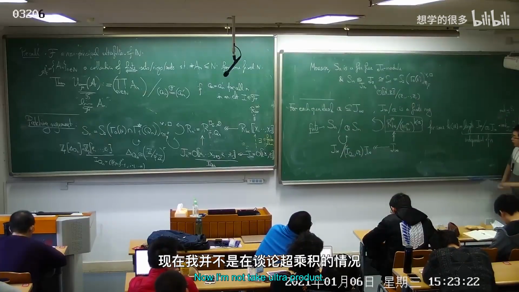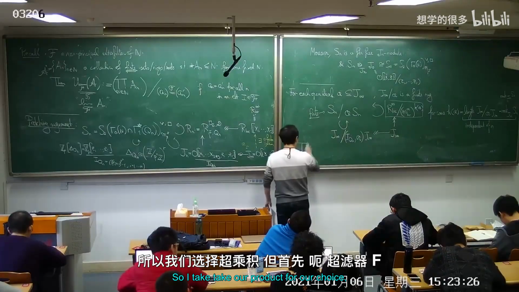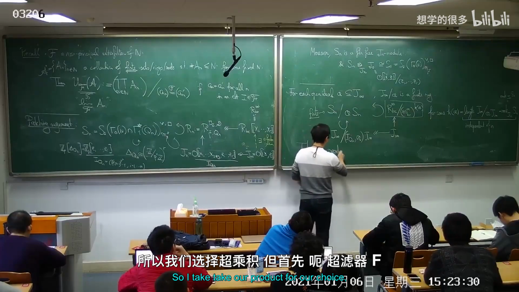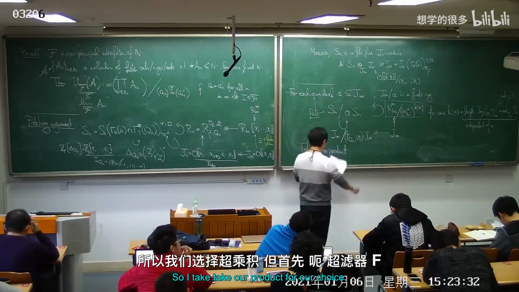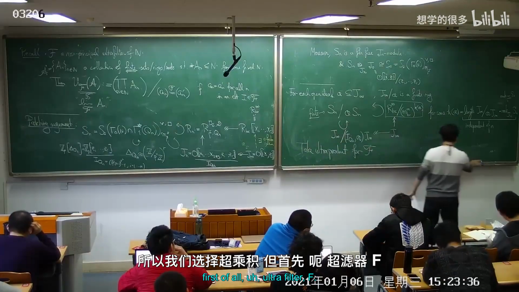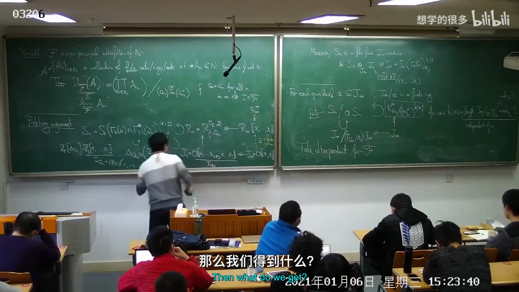Now I'm going to take the ultraproduct. Write this line and then take the ultraproduct the other way. So I take the ultraproduct for our choice of non-principal ultrafilter F. Then what do we get?